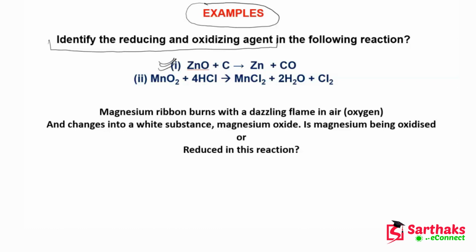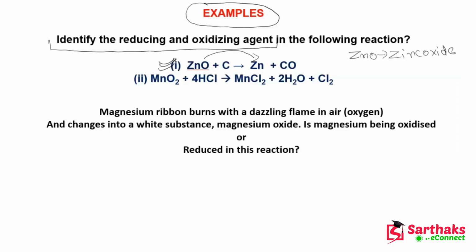So you can see that this ZnO is zinc oxide. Now this zinc oxide has become zinc, which means there is a removal of oxygen.